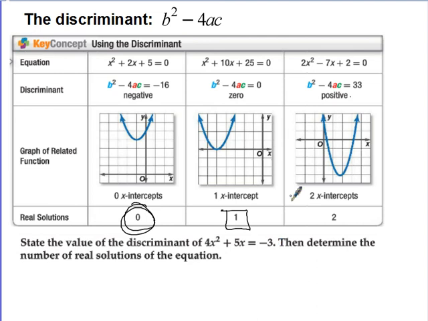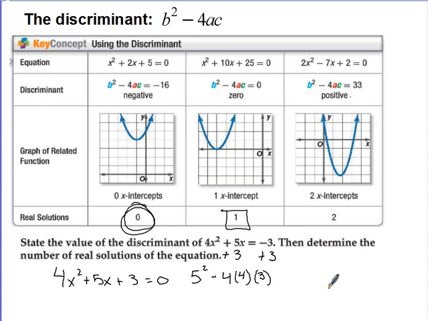Well, the first thing I need to do is get it equal to 0. So I'm going to add 3 to both sides. So I now have 4x squared plus 5x plus 3, and I'm going to find the value of the discriminant. So the discriminant is b squared minus 4ac. b here would be 5, so I have 5 squared minus 4 times a, which would be 4, times c, which would be 3.